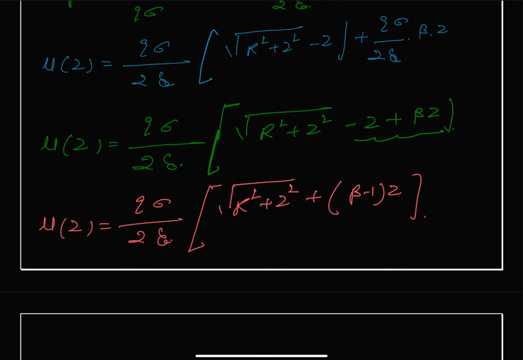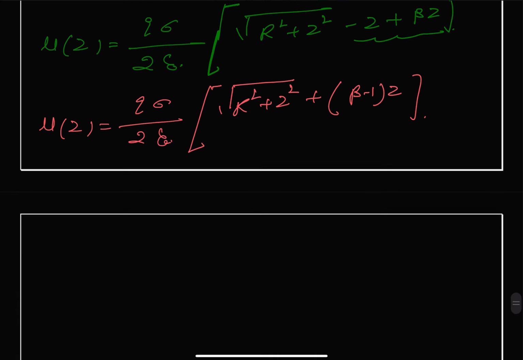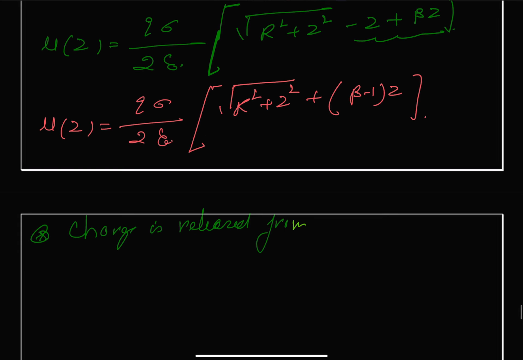Because initially it said that the charge is released from rest, there is no initial kinetic energy present in the charge. So we are given that the charge is released from rest.